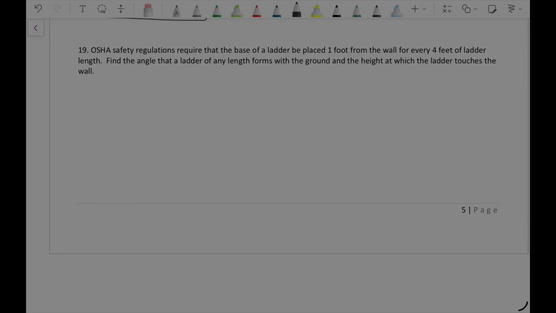Okay, let's look at this next example. OSHA safety regulations require that the base of a ladder be placed 1 foot from the wall for every 4 feet of ladder length. So 1 foot for every 4 feet of ladder. Find the angle that a ladder of any length forms with the ground and the height at which the ladder touches the wall.